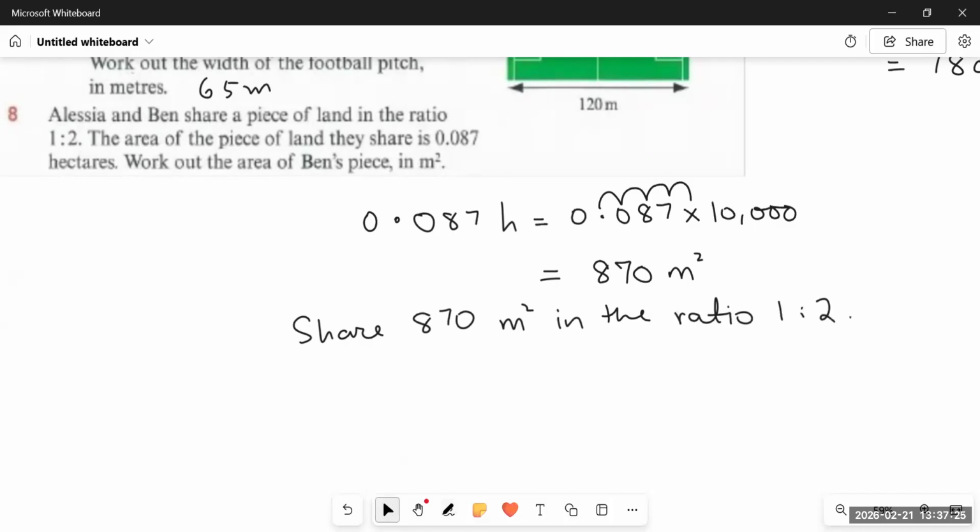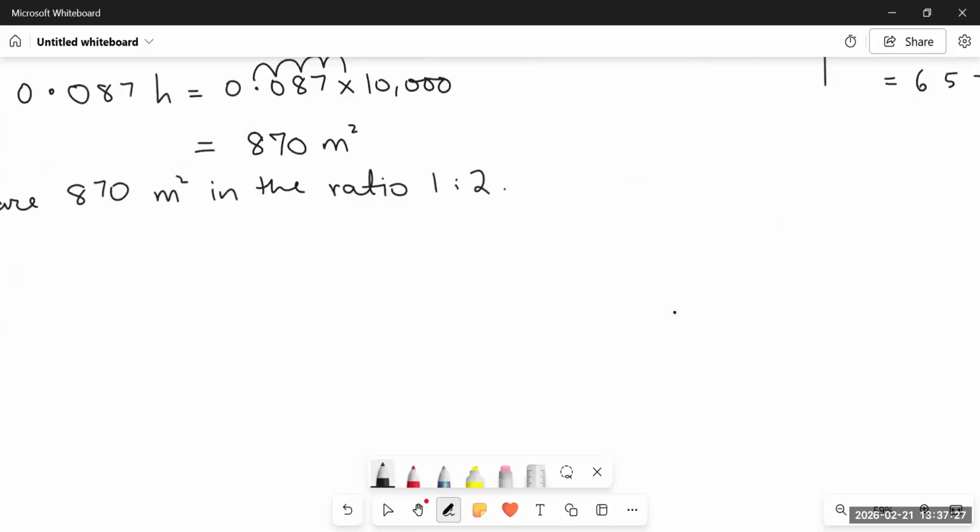So 1 plus 2 is 3. So you have two options. We have 3 total parts in which we have to share 870 meter square.